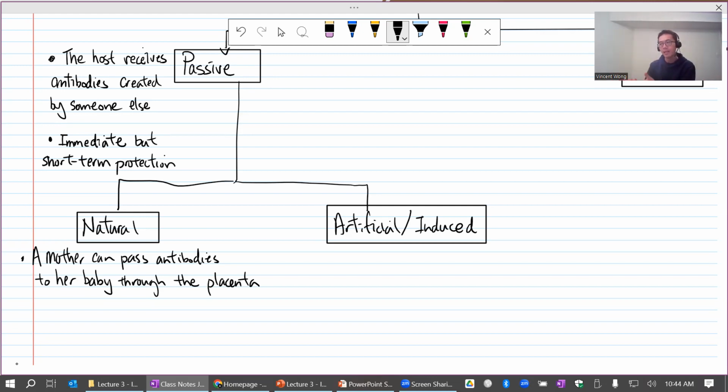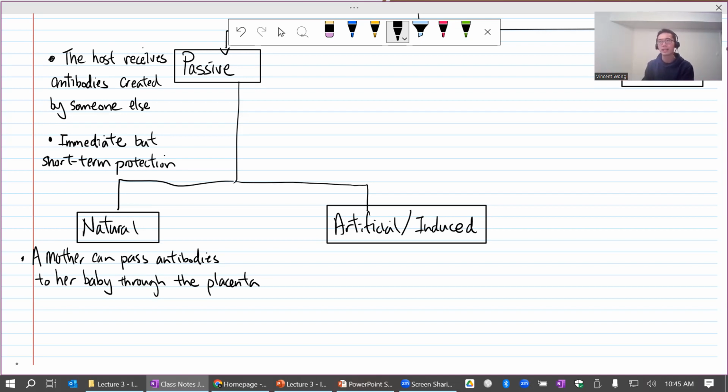The baby did not make the antibody itself. It received the antibody from the mother. So after the baby is born, that immunity will be there, but only at the beginning. The antibodies will break down in the baby, and eventually they will lose that protection.